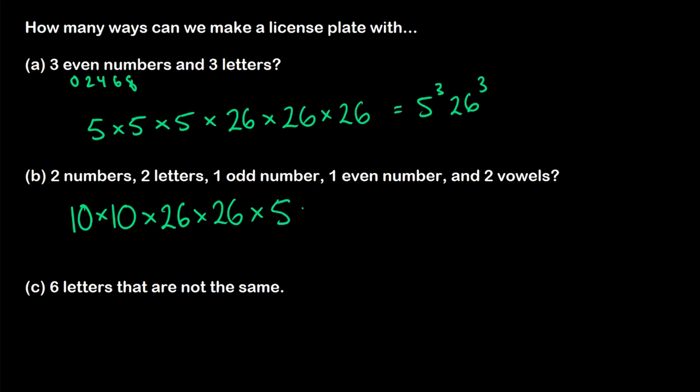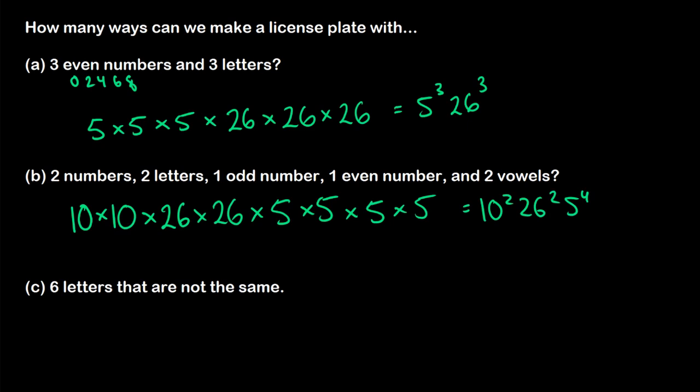That's 5 choices. 1 even number, 0, 2, 4, 6, 8. 5 choices. And then 2 vowels. So we have A, E, I, O, U. So we have 5 choices for each vowel. So what we end up with is 10 squared times 26 squared times 5 to the 4 different ways of making this license plate.